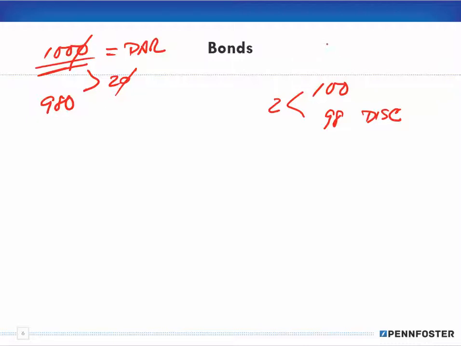It's the same thing when working with a premium. If bonds go up to 101, that means the bond is actually selling at $1,010, because there's a $1 difference, and that's at a premium. That's what this video is going to cover: how to make the journal entries for the premium.